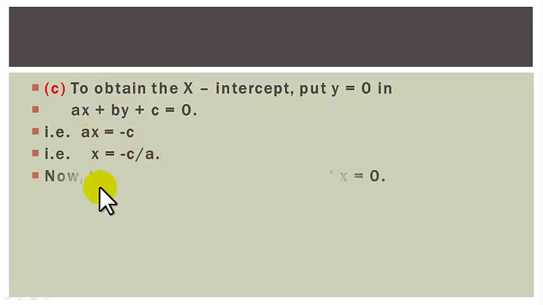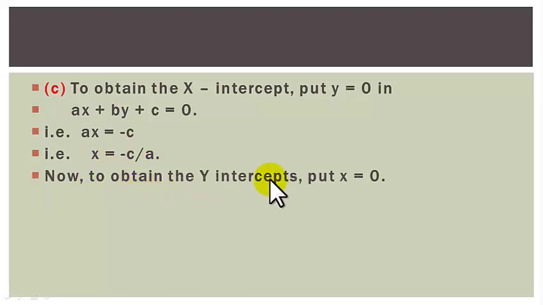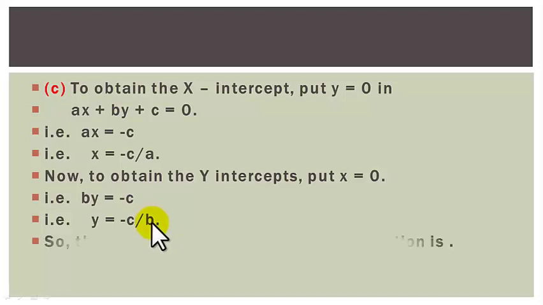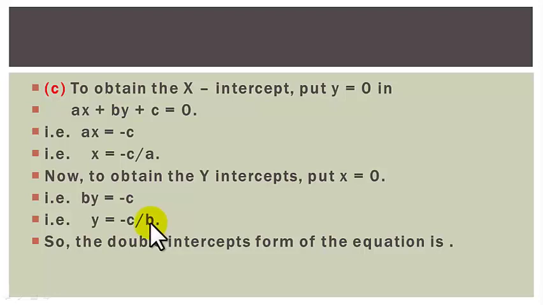Now, to obtain the y-intercept, we put x equal to 0 here. Putting x equal to 0, we obtain by equals minus c. And dividing both sides by b, we have y equals minus c over b. So therefore, the double intercept form of the equation is x over minus c over a plus y over minus c over b equals 1.